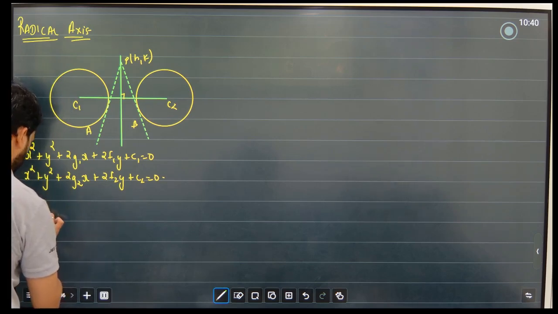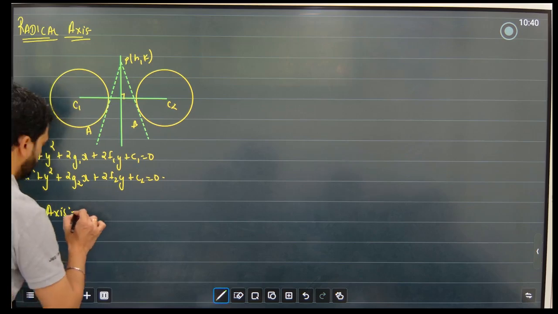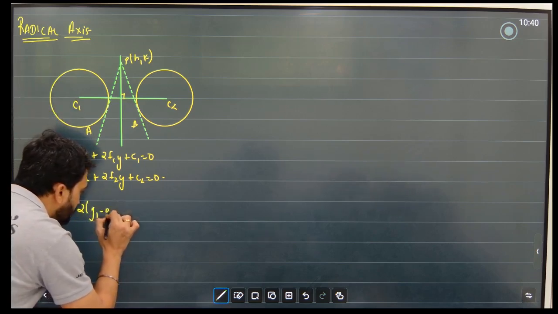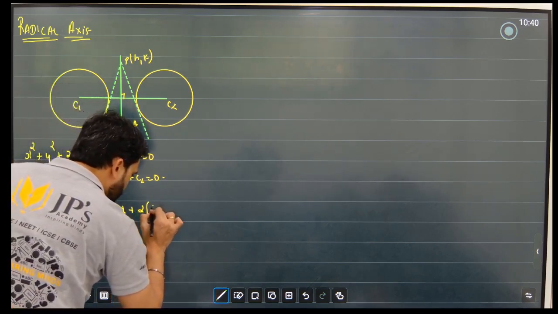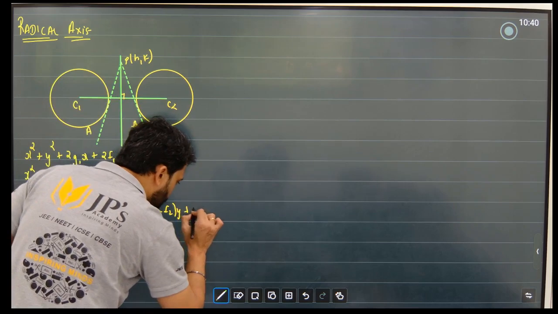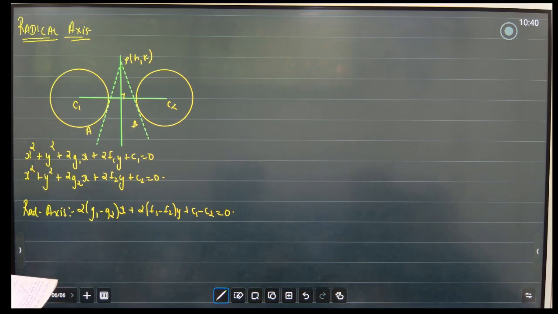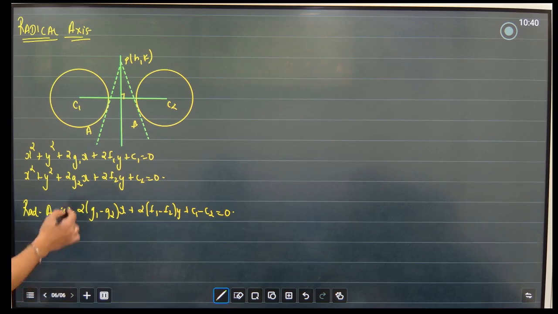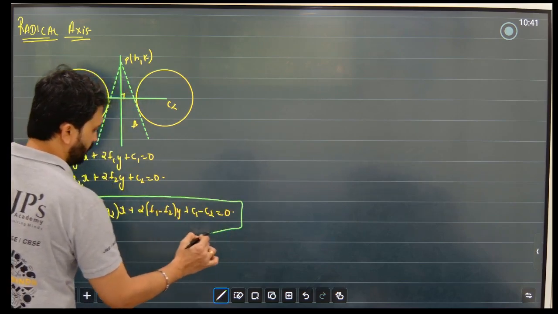If I subtract them, my radical axis will be 2(g1 − g2)x + 2(f1 − f2)y + (c1 − c2) = 0. All you have to do is just subtract both the equations and you will get the same equation.